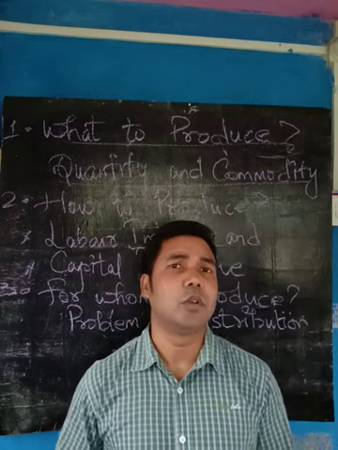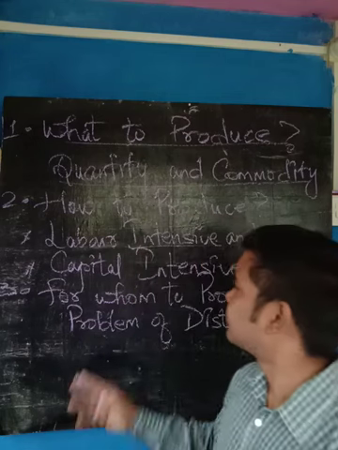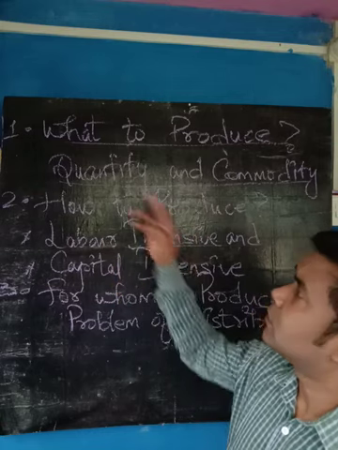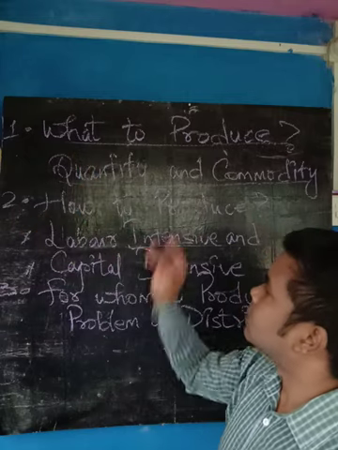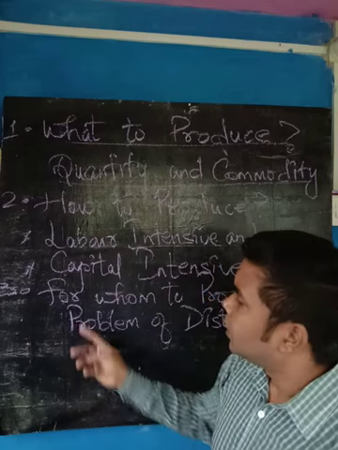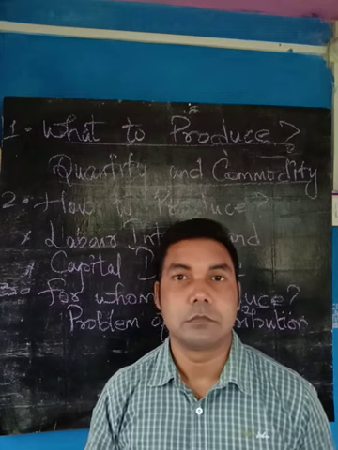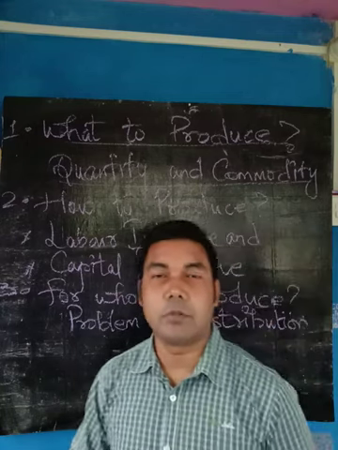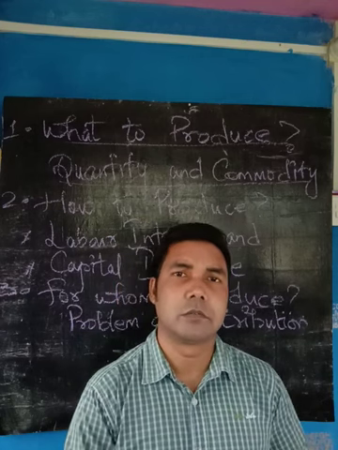Now the good is already made. What to produce, then how to produce, labor or capital, that is all. Now next comes for whom to produce. It is referred to as the problem of distribution. The goods which are produced, to whom should they be distributed?